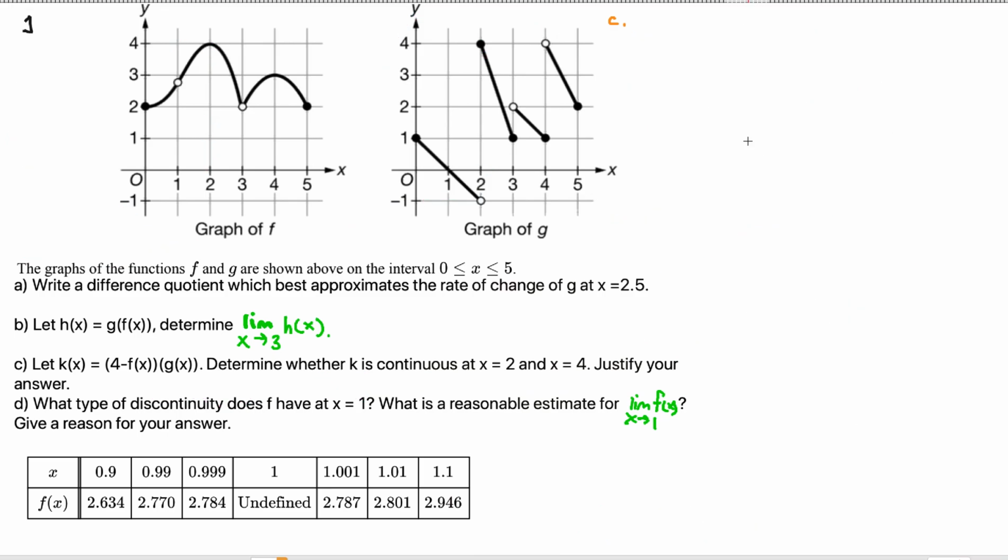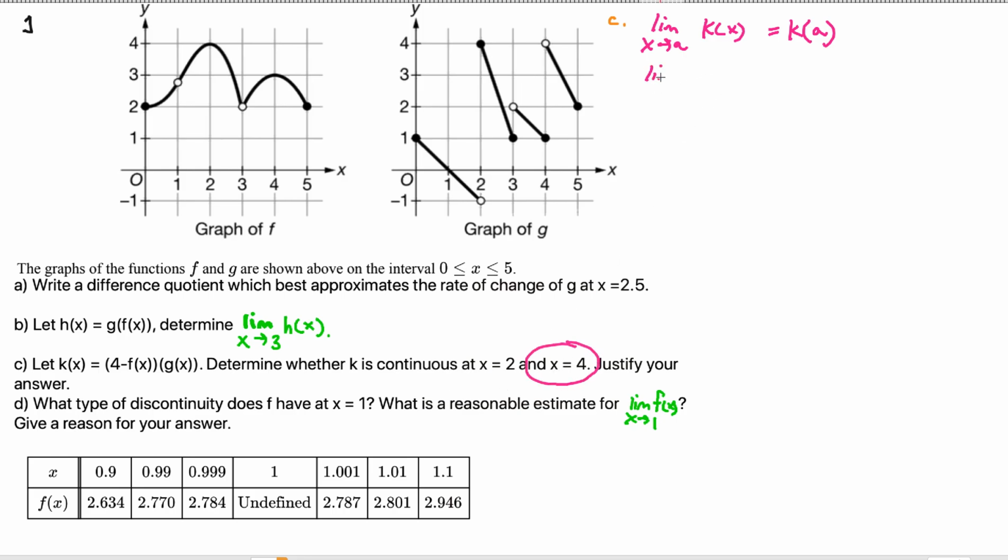It's whether k is continuous at 4, right? We want to remember the definition of continuity: the limit as x goes to a of k of x, the function, is equal to k of a. Now in my new case, I'm investigating whether it's continuous at x equals 4.